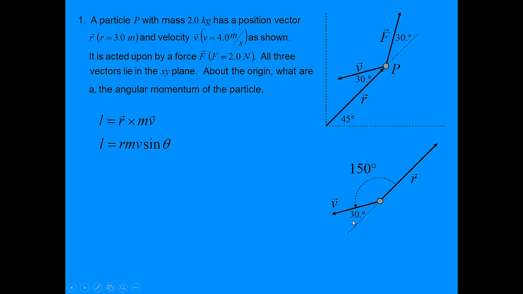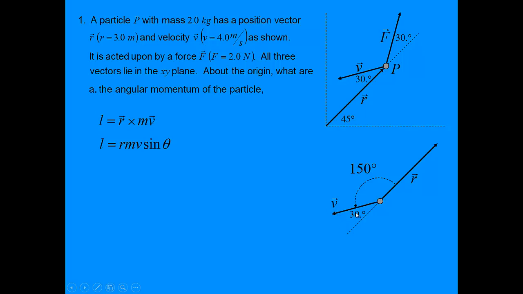But there would be another way to do this problem, kind of like we did in the other diagram. We could draw these tail to tail, and then this is the angle in between, so we should technically use 150 degrees. However, we could use the perpendicular part of the velocity, the part of the velocity that's perpendicular to r, which would be this component right here, and that component would be v sine 30.